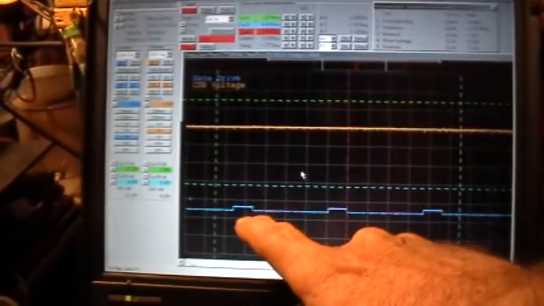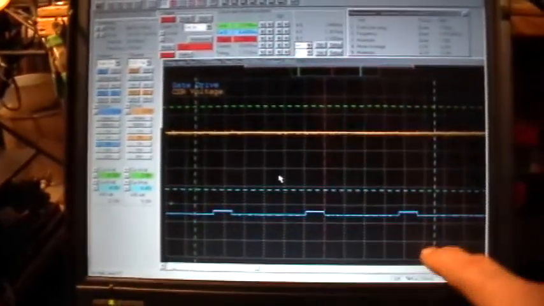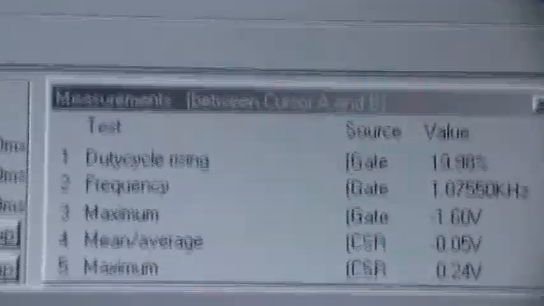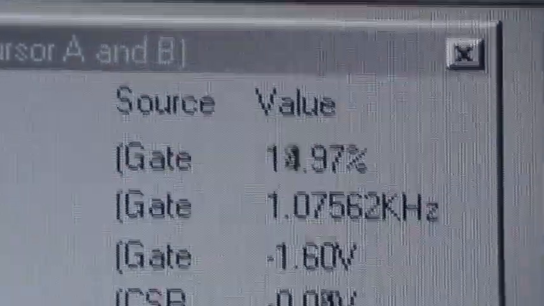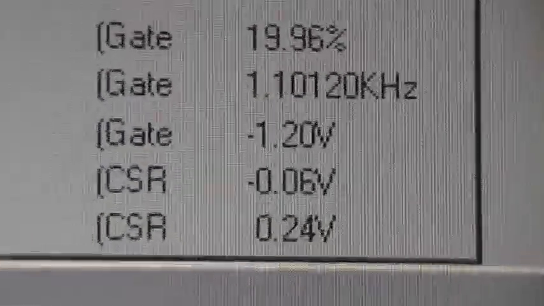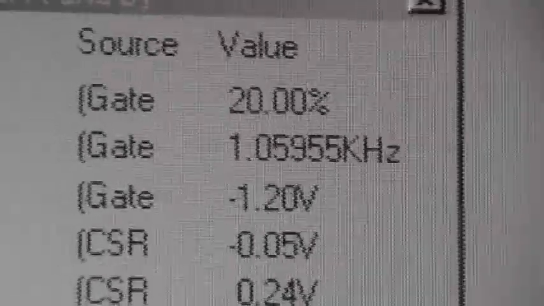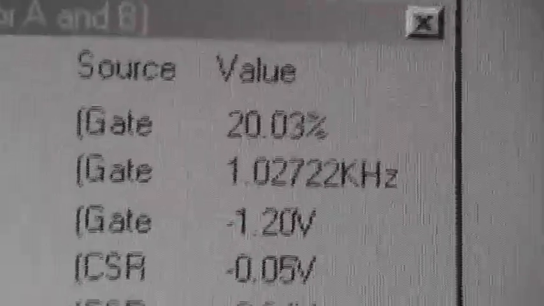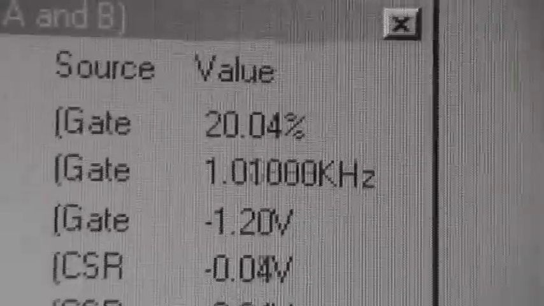We're idling along, and between these two vertical cursors right here, we're taking a measurement of the duty cycle rising, which is set as close to 20% as I could get it, and the frequency at 1 kilohertz.